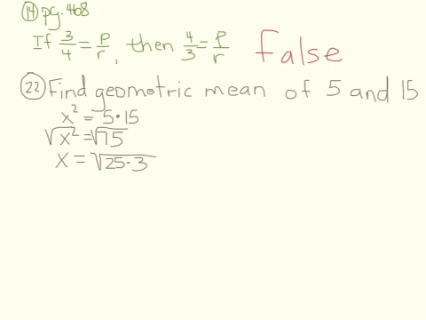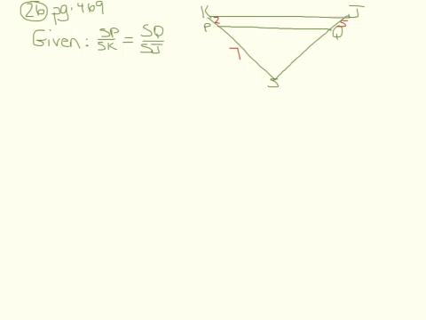Taking the square root of both sides, x is equal to the square root of 75, and I've broken that down into a perfect square, 25 times 3, because 25 times 3 is 75. The square root of 25 is 5, so I'll bring that outside the radical. So the geometric mean of 5 and 15 is 5 times the square root of 3.